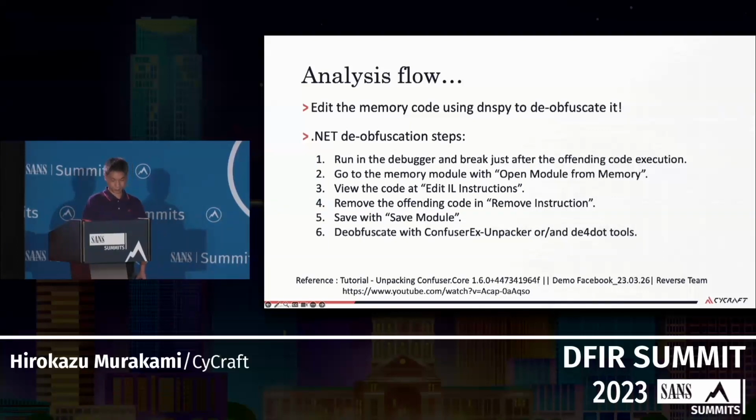The key steps are to start the process in the debugger, stop at a breakpoint, remove the relevant code from the module in memory, and save the result to a file. Then, using that file, run the deobfuscation tools. At the bottom are YouTube video links that explain in more detail.